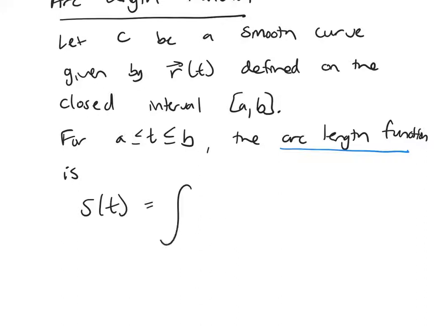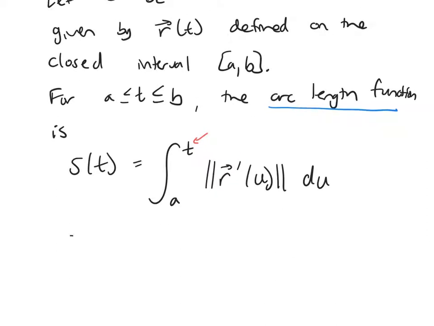It's the integral from a to t of r prime. We've got to change our variable now, r prime of u du, because we're using t up there in the bounds of the integral. So we change to a variable u here, and we will call s the arc length parameter.